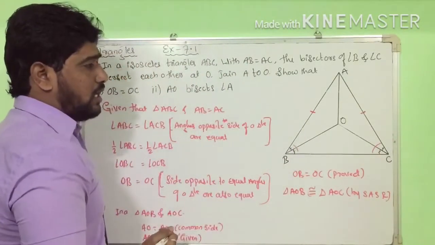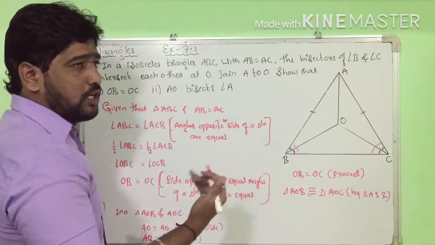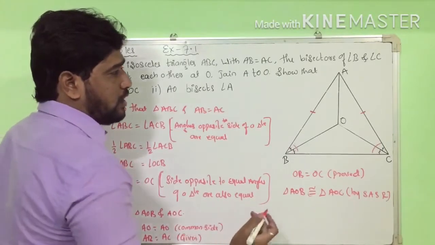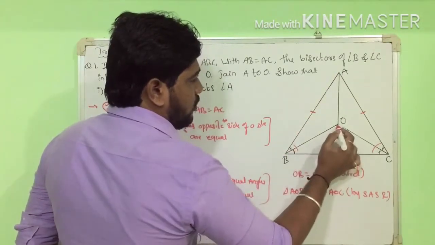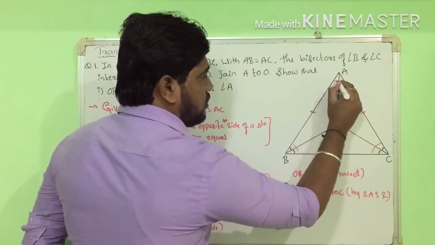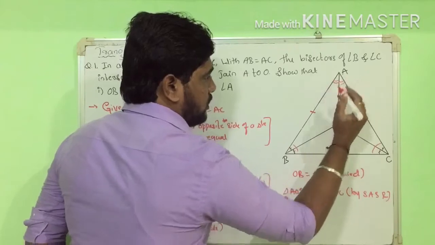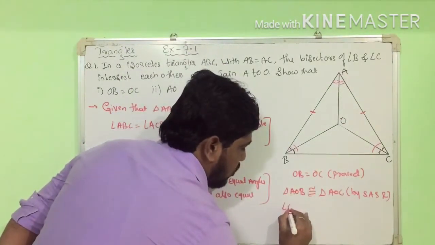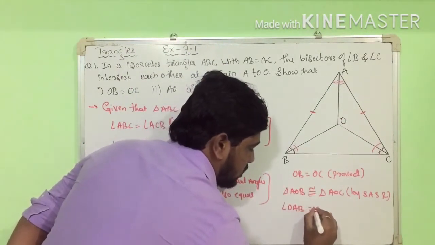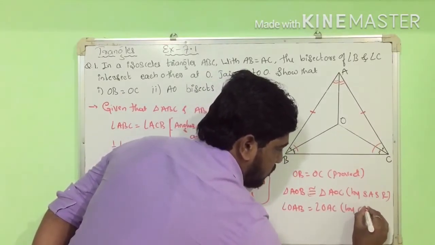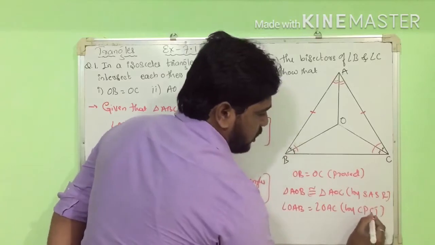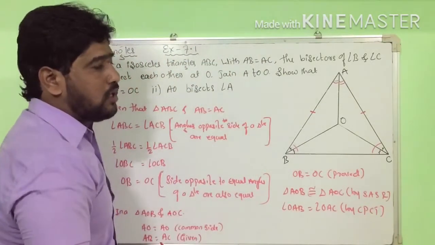So these two triangles are congruent to each other, which means their corresponding parts are equal by CPCT. It means angle OAB is equal to angle OAC by CPCT, corresponding parts of congruent triangles.